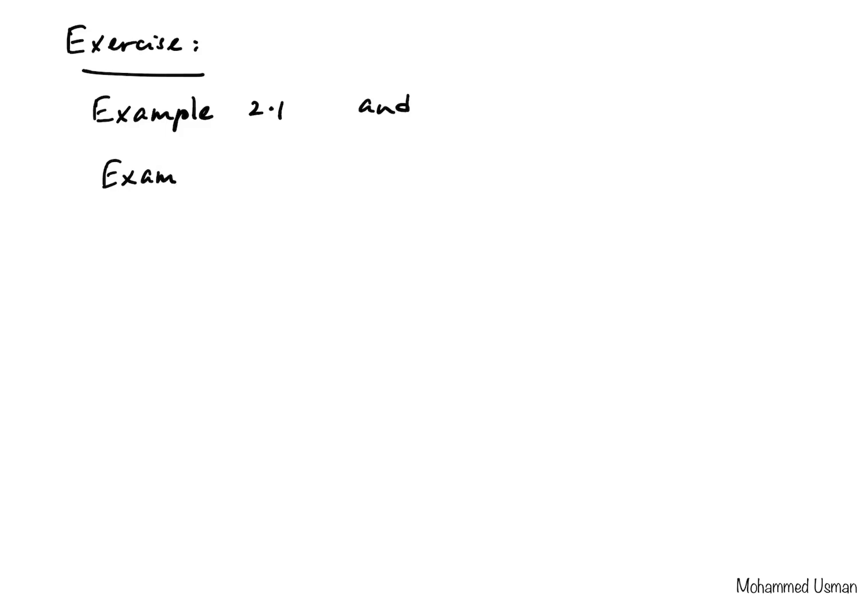Okay, so I'm going to write down that you need to do the exercise. That's example 2.1 and example 2.2 from your textbook, which is the textbook of Oppenheim and Willsky.